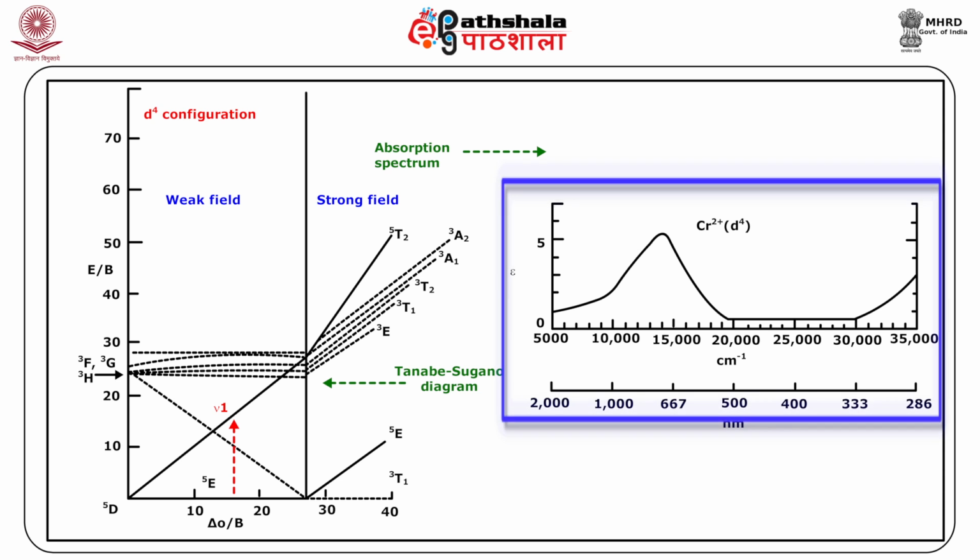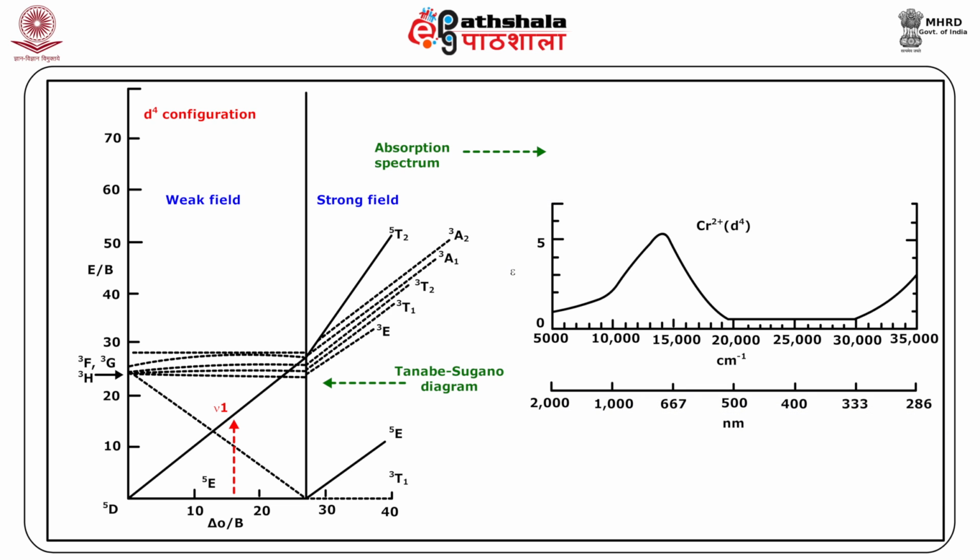The above diagram also illustrates the absorption spectrum for the complex of chromium 2+, which shows an absorption band at 14,100 centimeter inverse, corresponding to 680 nanometer. Since water is a weak field ligand, it can be said that for this complex, the left side of the Tanabe-Sugano diagram has to be considered.